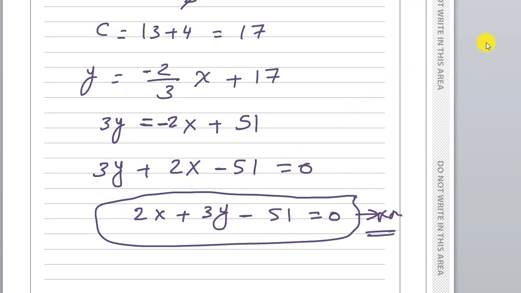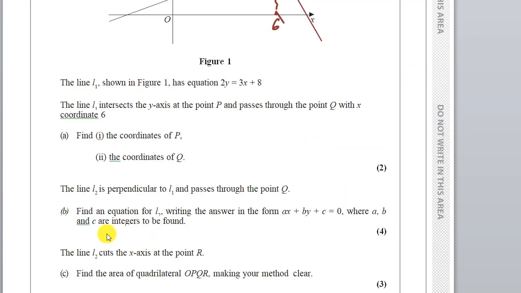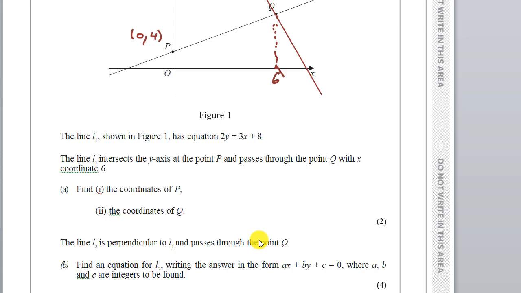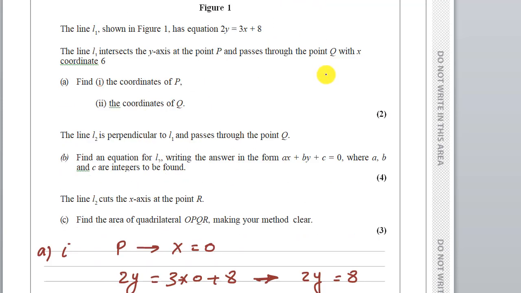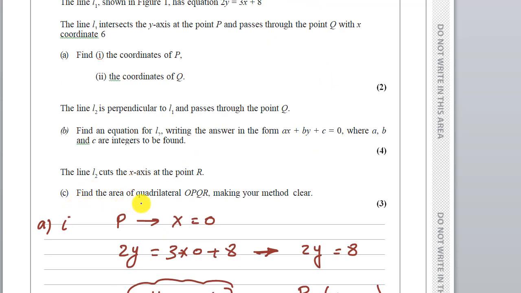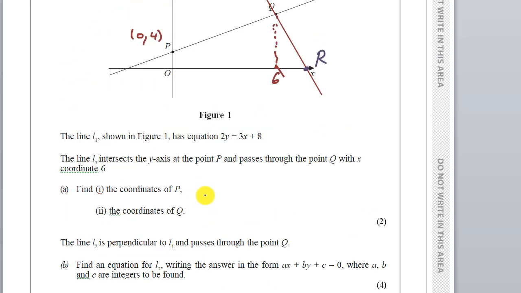Let us go ahead to another part. Now, the line L2 cuts the x-axis at point R. So this point here is R. You need to find the area of the quadrilateral OBQR.